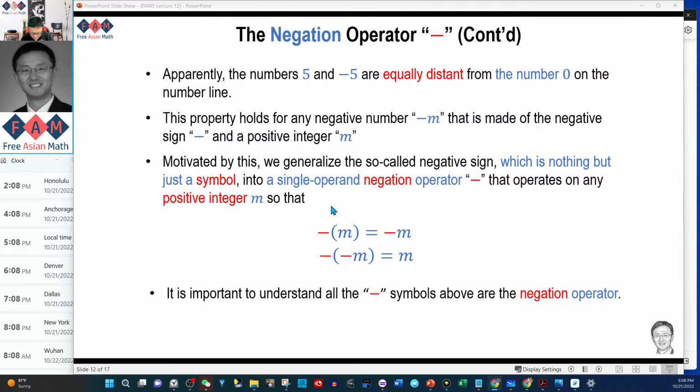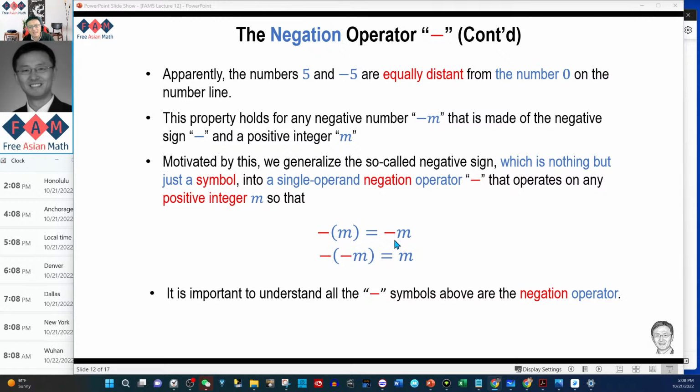So it's important to understand that all these symbols above, in those two expressions, are all the negation operator. Even in the first one on the right-hand side, when we write down a number like negative 5, we call that a negative sign, but it's actually this negation operator on the positive integer 5.